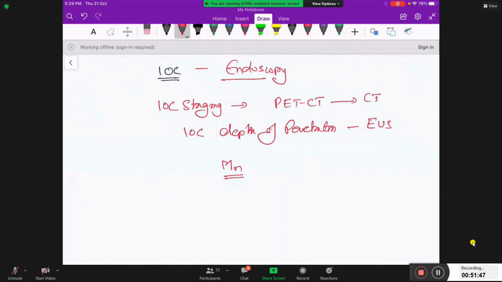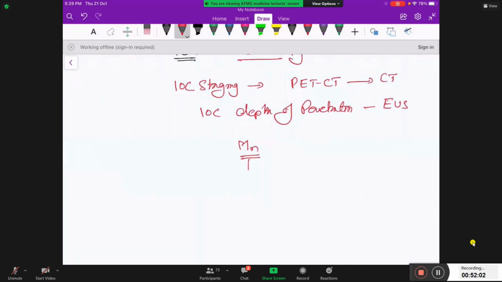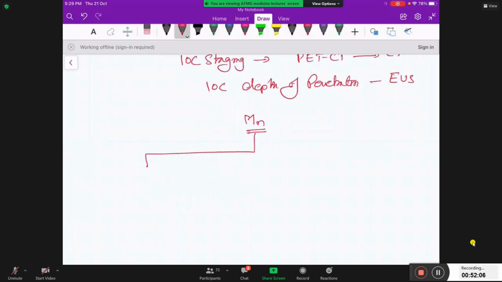All GI malignancies except anal carcinoma. So most common site of distant metastasis is liver. Now, in management of carcinoma esophagus, what are the options we have? You should know what are the options we have.